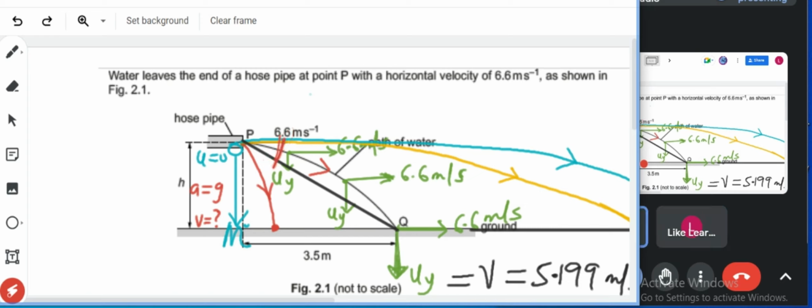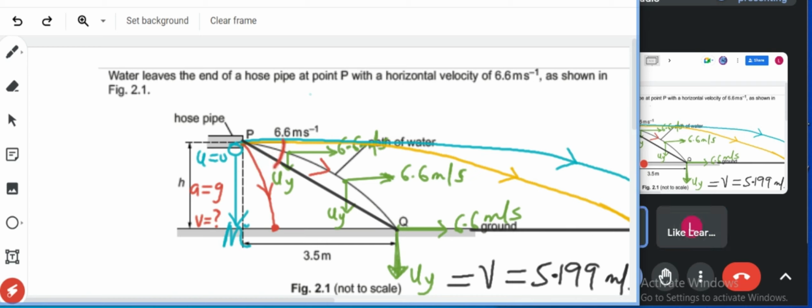You are right, it's tan. Opposite over adjacent. Just make sure you take the right opposite, because if you were using this, you would have used the wrong opposite.